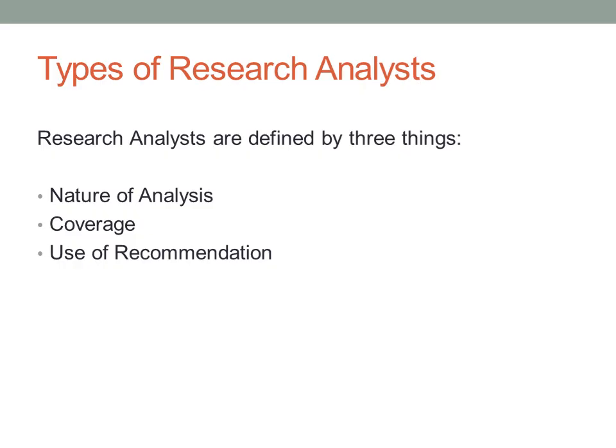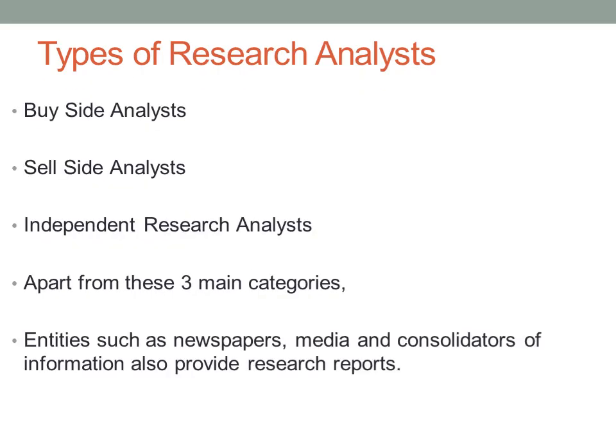Then there is coverage. Coverage means whether it is company specific research, sector or industry specific research, market research or geographic research, right? So this comes under coverage. And the third thing is use of recommendation. It simply means whether research is used for investment decisions, risk management or for trading strategies. So based on these three things research analysts are categorized.